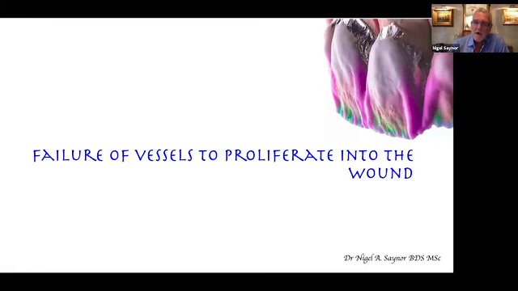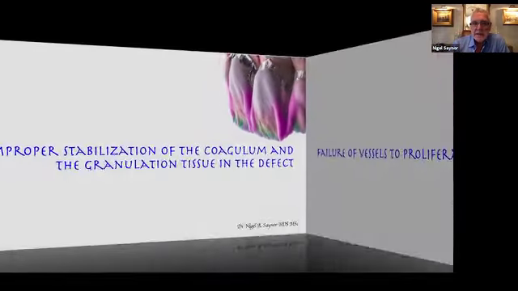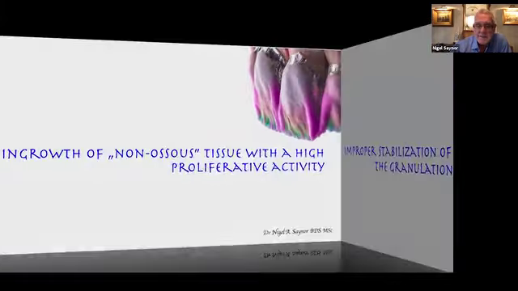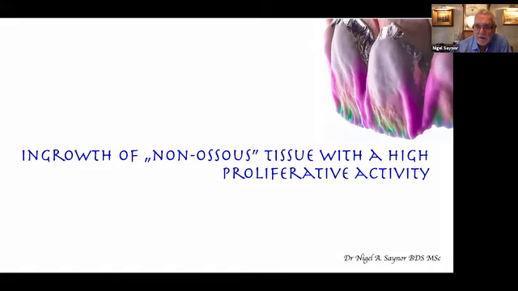proliferative and remodeling phases. If we have improper stabilization of that coagulum and the granulation tissue formation in the defect, then that's going to interfere with that healing. If we have ingrowth of non-osseous tissue with a high proliferative activity, then that will interfere with our healing.